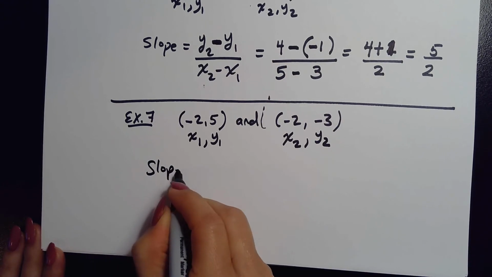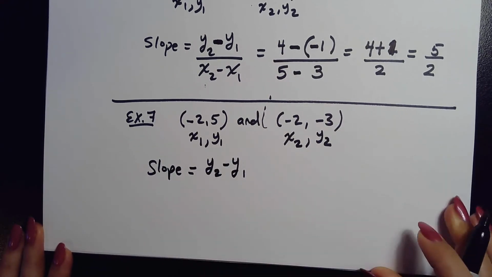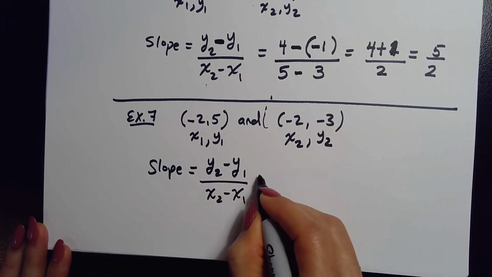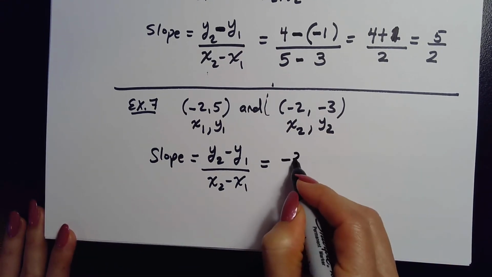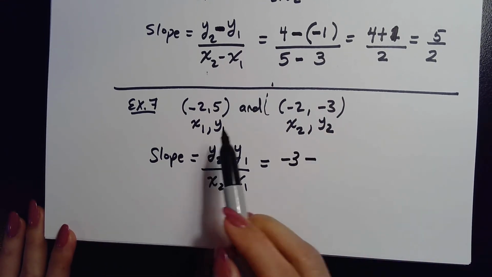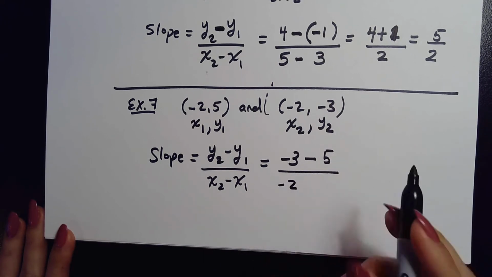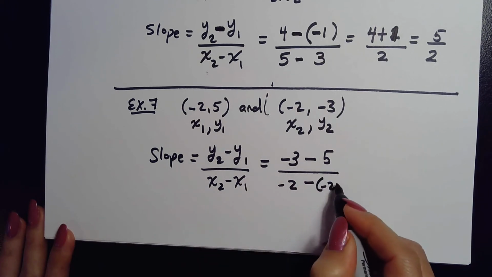Slope is equal to y2 minus y1 divided by x2 minus x1. So that's going to equal y2, negative 3, minus y1, 5, divided by x2, negative 2, minus x1, negative 2.